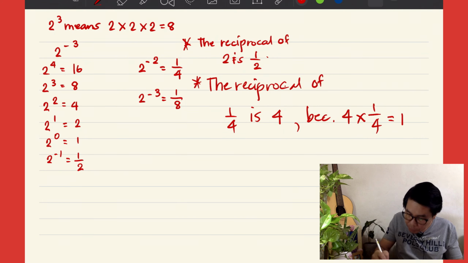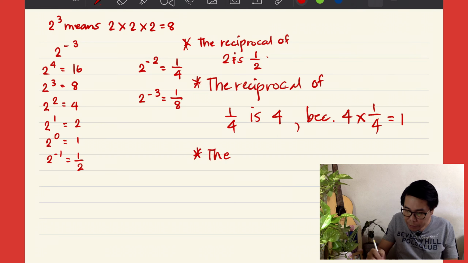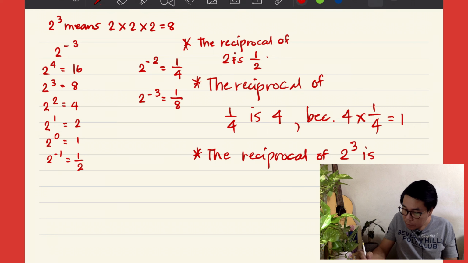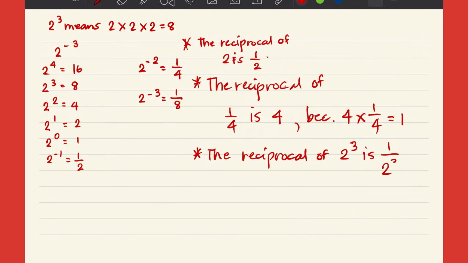Now, the reciprocal of 2 raised to the power of 3 is 1/2 to the power of 3, because when we have 2 raised to the power of 3 times 1/2 raised to the power of 3, it will give us 1.